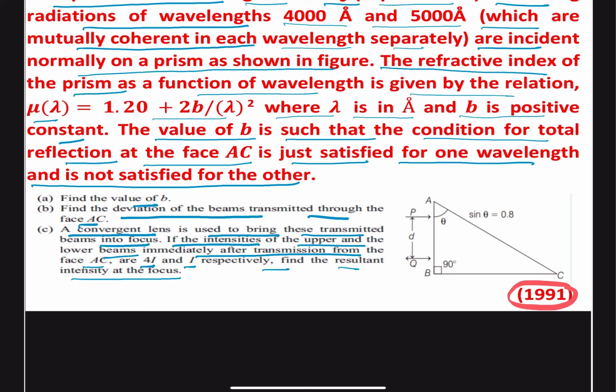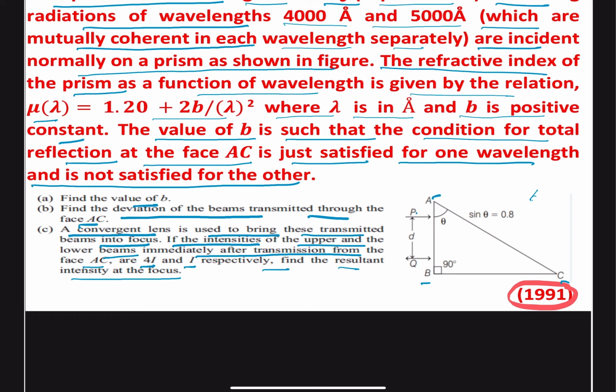So we are given the figure, and this figure is a right angle prism ABC right angled at B. Two beams P and Q having a distance D are perpendicularly focused at the face AB. Okay. And the angle at A is given as theta. Okay.